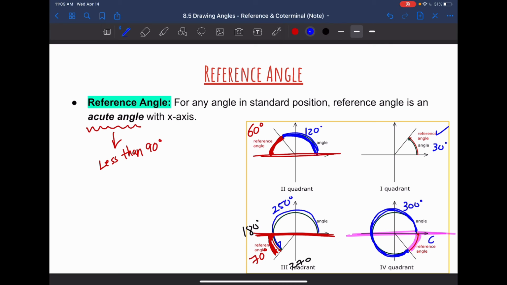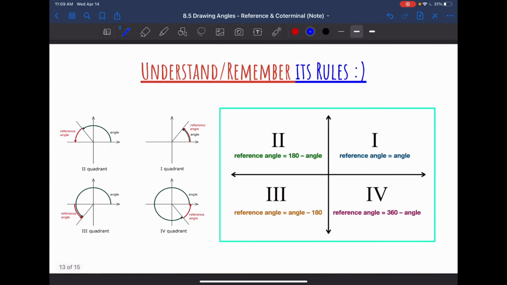It's 60 degree. You guys can tell, right? Because the entire circle has to be 360, so the rest will be 60 degrees. So basically, you're doing 360 minus whatever the angle given is. I'll show you the rules. Here, please copy this green box. That's the rule for reference angle. As I said, first quadrant is the easiest one.